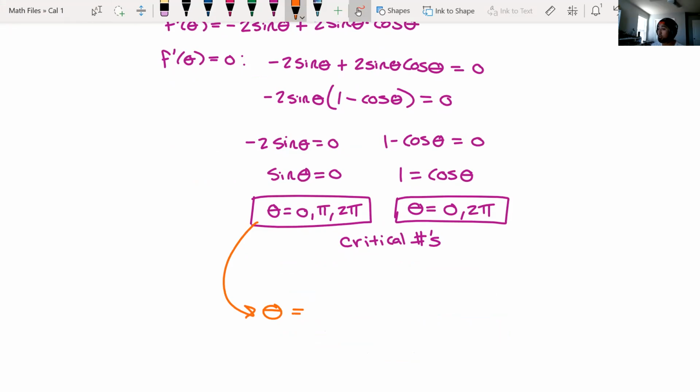So our general solution, we could just say pi n or pi k, right? How would you represent it for cosine? Theta equals 2 pi n. Would that represent every even one? Yes, I thumbs up it, yes.